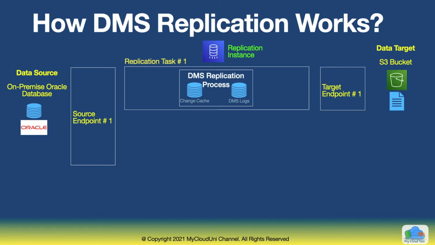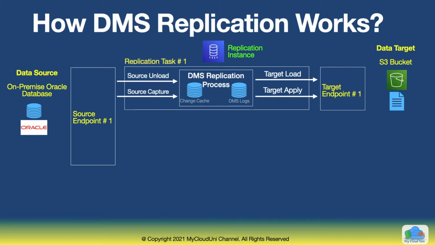So what this replication task does is it defines whether you want a full load, or a full load as well as ongoing replication, or just ongoing changes to be streamed to the target. So under the hood, whenever you define a task, the replication instance will create the replication process, and it will maintain what changes are happening on the source, and then it will stream them to the target.